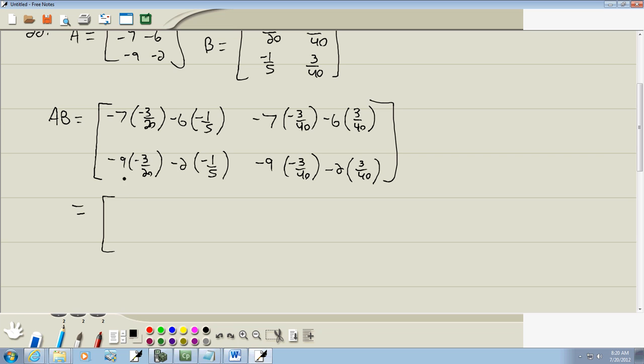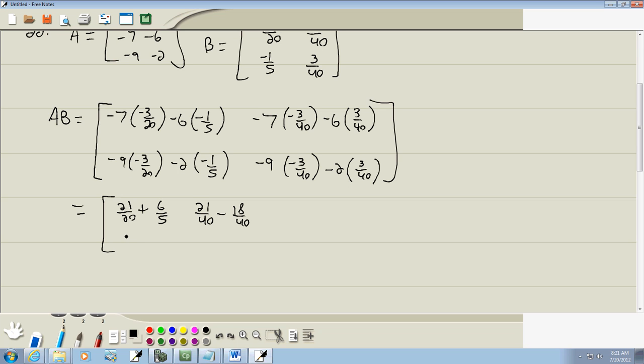Well, negative 7 times negative 3 gives us 21/20. Negative times a negative is positive, and that gives us 6/5. Negative 7 times negative 3 is 21 over 40, minus 6 times 3 is 18 over 40.